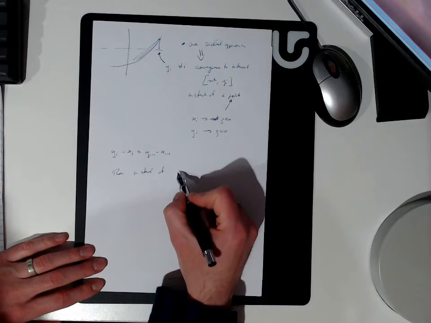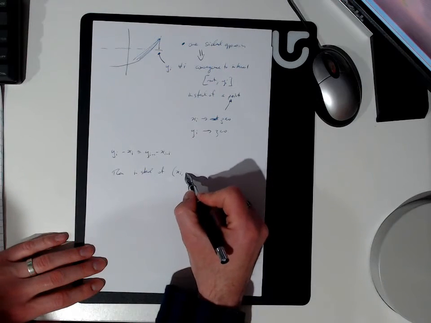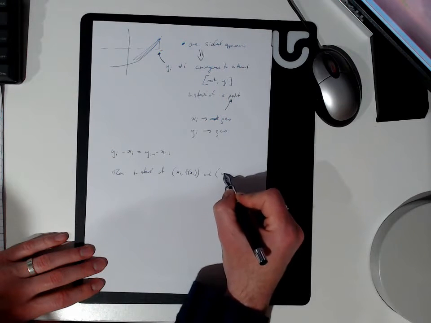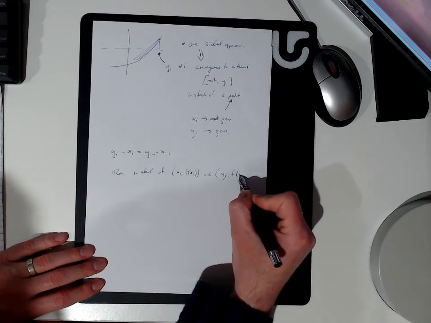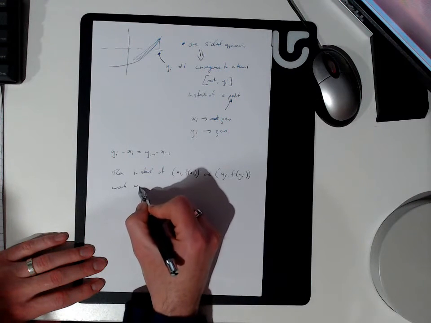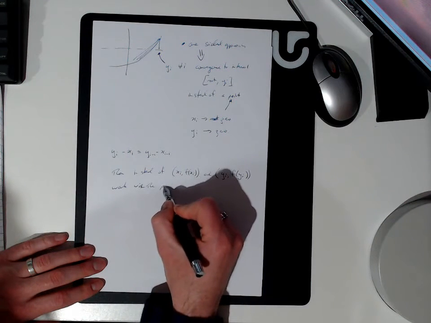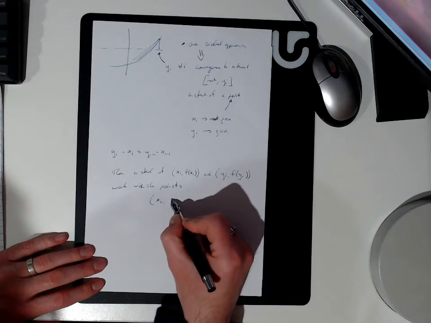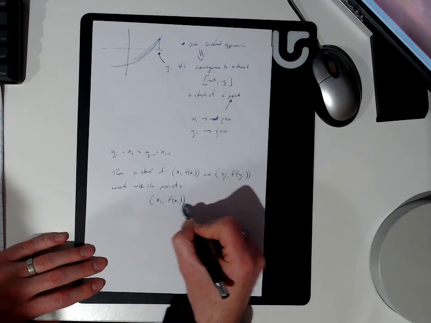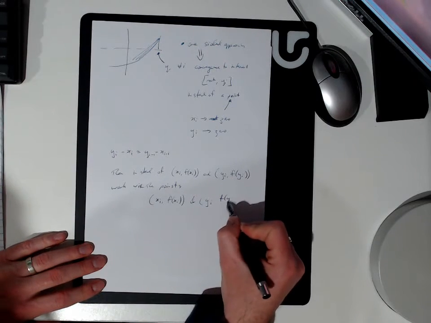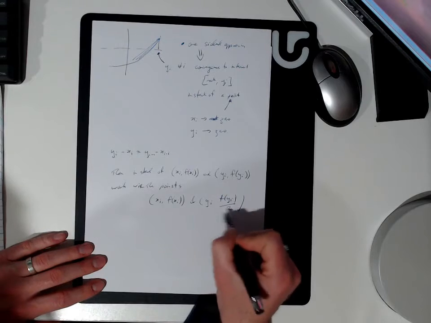instead of working with the points xi, f(xi), and yi, f(yi), work with the points xi, f(xi), and yi, f(yi) divided by 2.